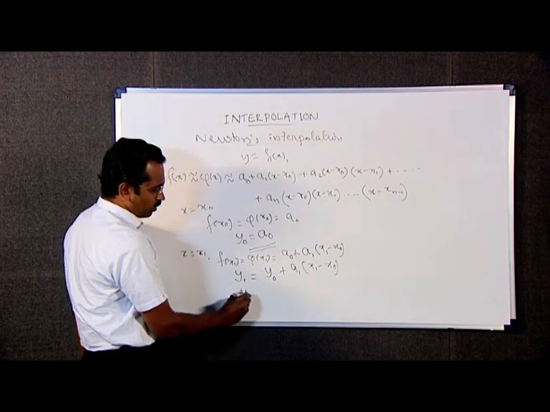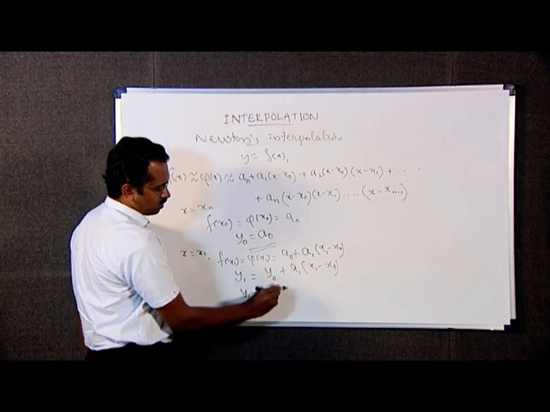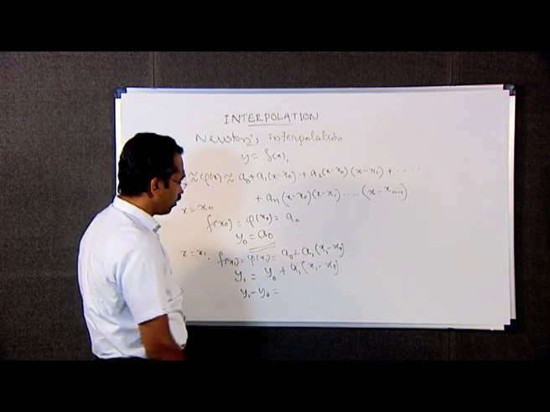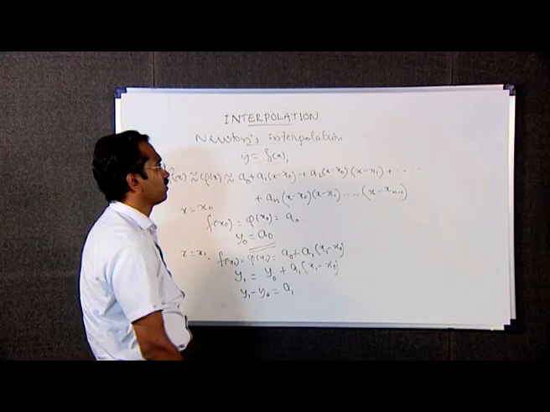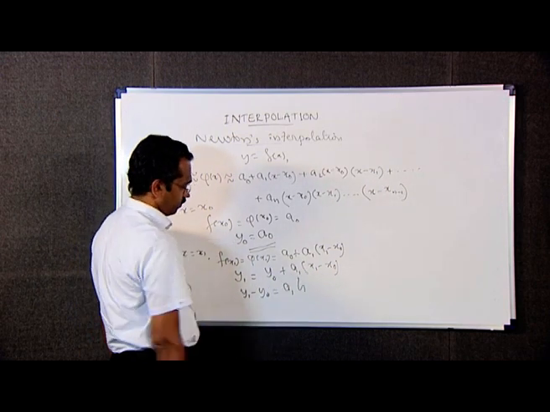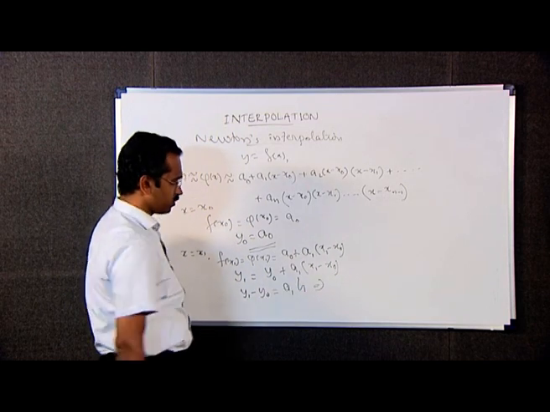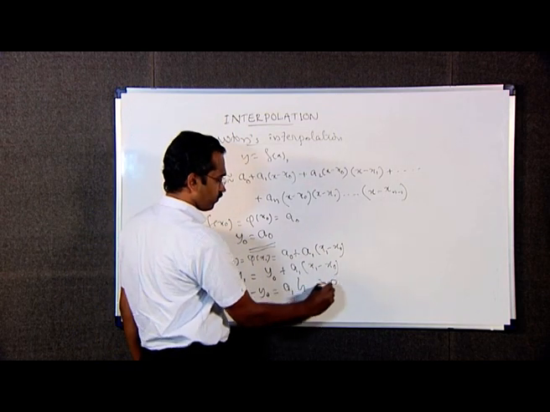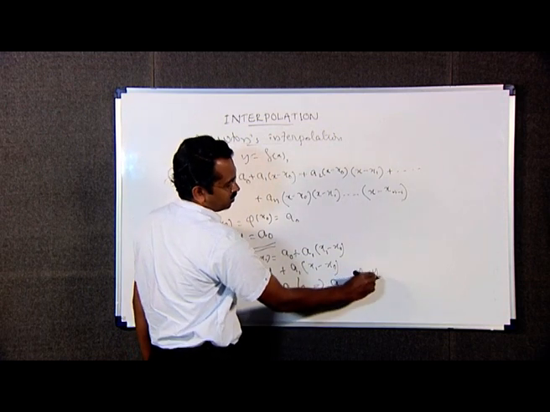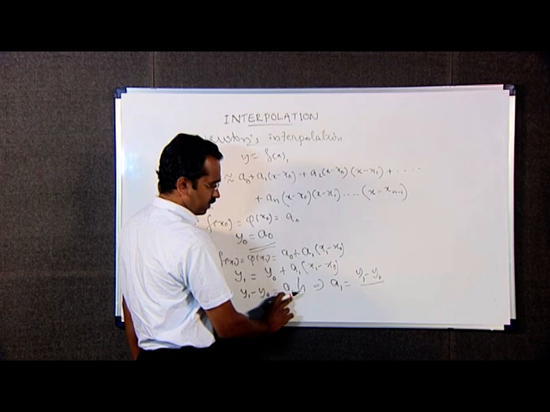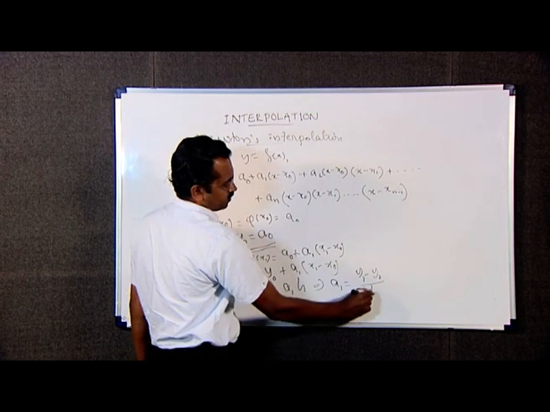That is y1 minus y naught is equal to a1 into x1 minus x naught, which is h, or this gives a1 is equal to y1 minus y naught divided by h.